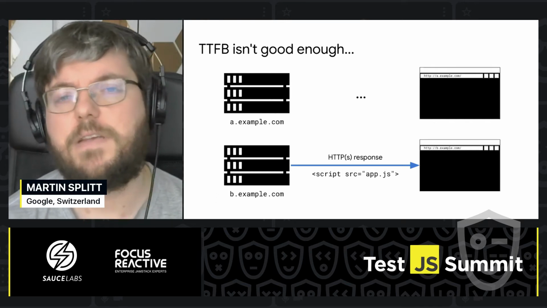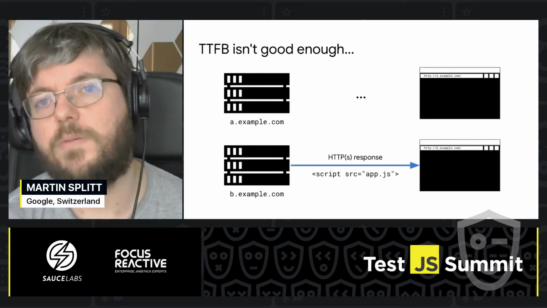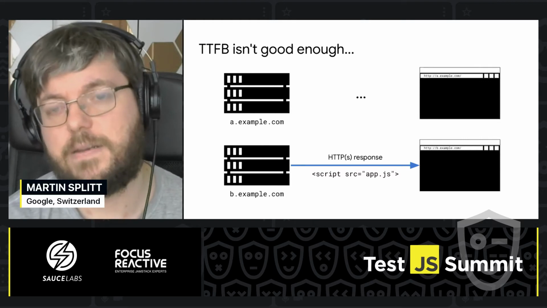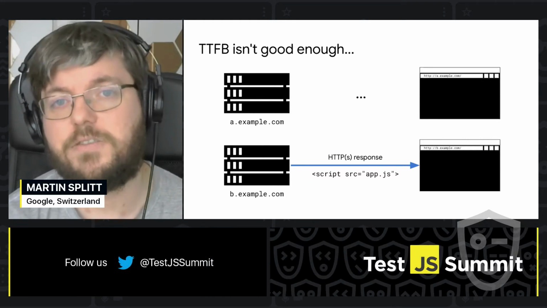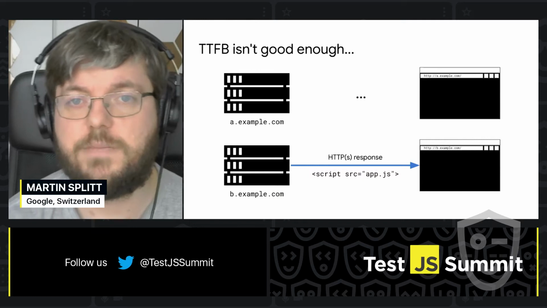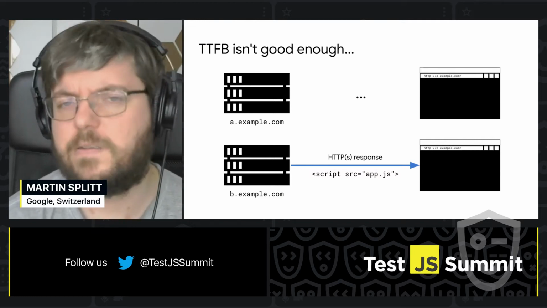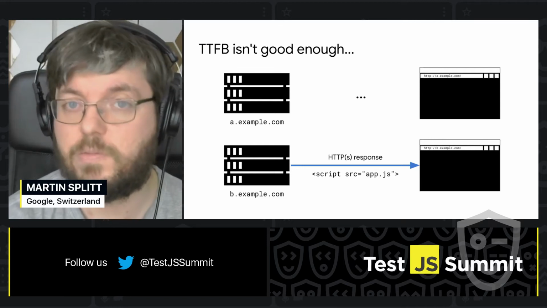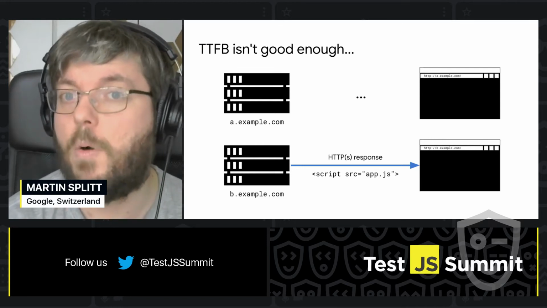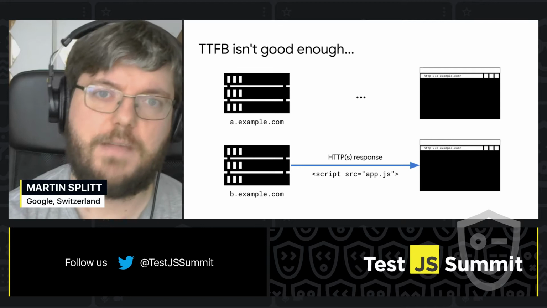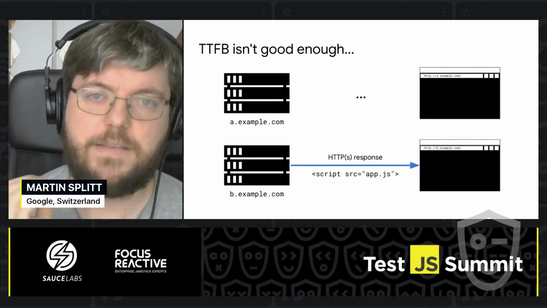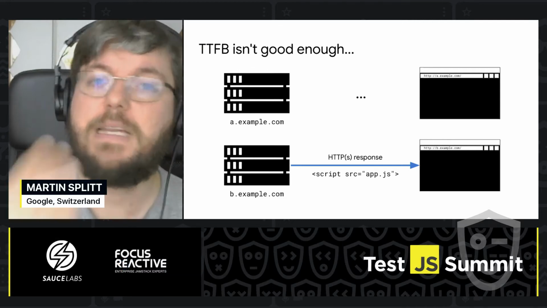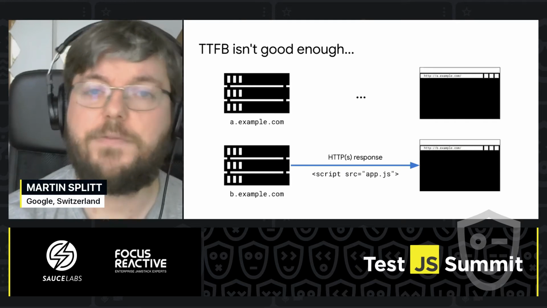Maybe it is a server-side rendered application that needs to talk to a bunch of backends and APIs and databases to actually fetch the data and then compile the HTML before sending it over the wire. Doesn't really matter. The point is, it takes a moment. It doesn't matter how long this moment is, it just takes a moment. Whereas b.example.com, on the other hand, has received a request, immediately responds back, and the time to first byte has arrived.